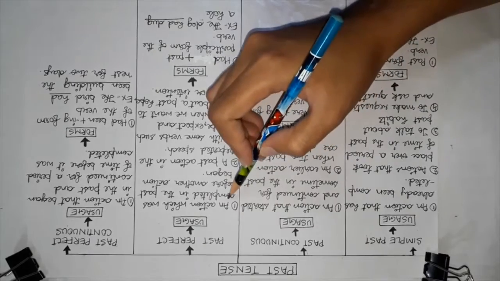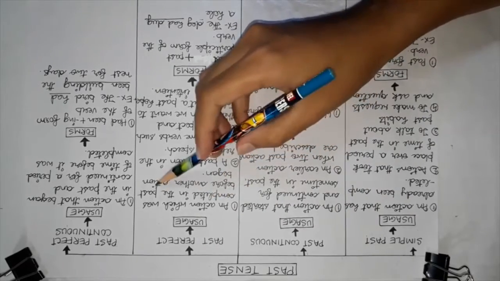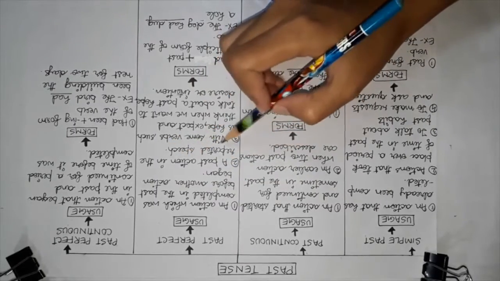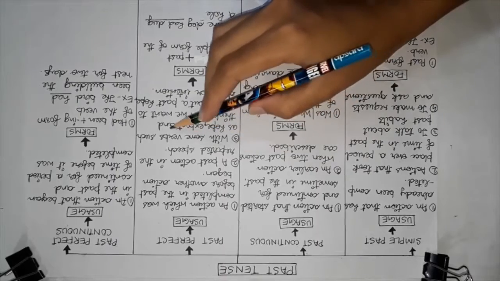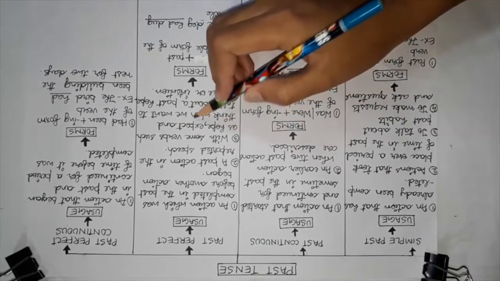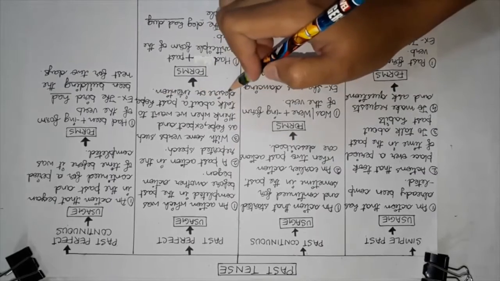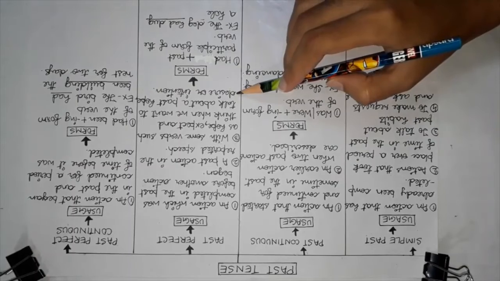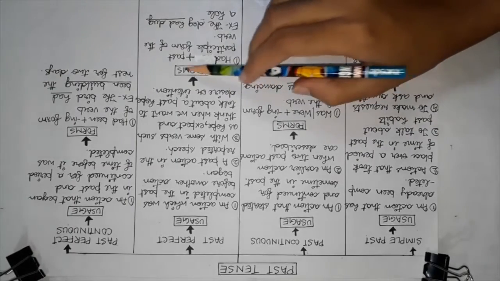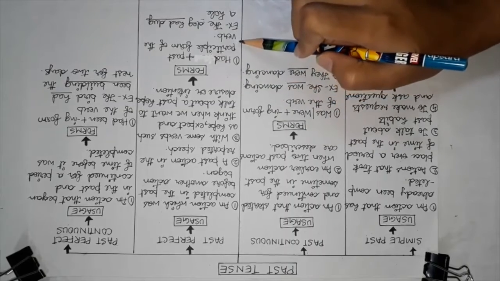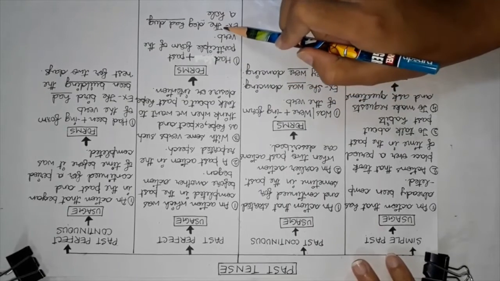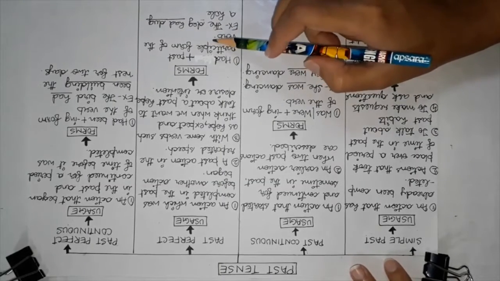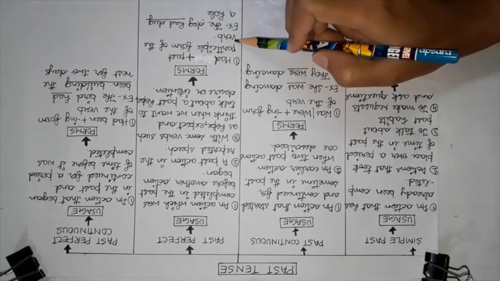It is used for an action which was completed in the past before another action began, and for a past action in reported speech with some verbs such as hope, expect and think, when we want to talk about a past hope, desire or intention. Now the past perfect tense takes the form had plus past participle form of the verb. So it will give us, for example, the dog had dug a hole.